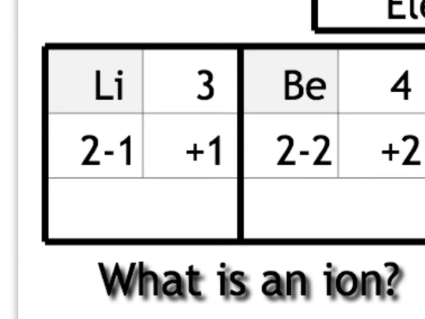Here's lithium. Lithium has 1 electron in its valence shell. That means the easiest thing that it can do to reveal a filled orbital is actually to drop that electron. So it's not in every case that an atom will gain electrons until it has 8. In this case, the atom lost an electron so that it would have 2.